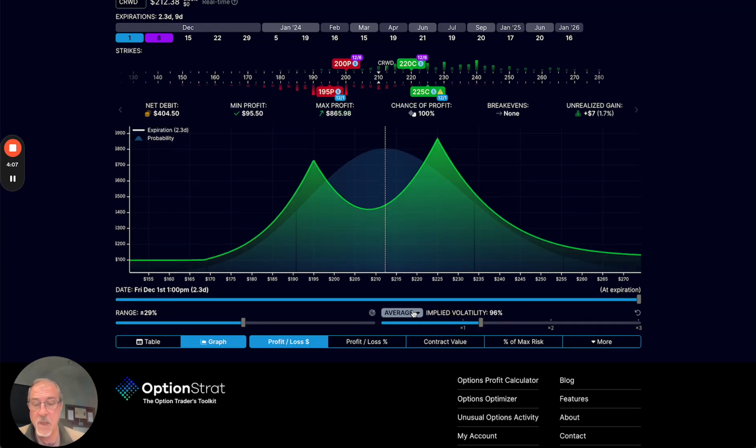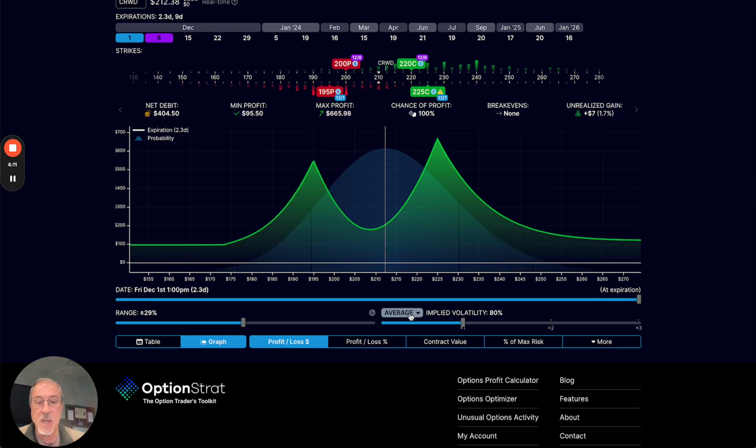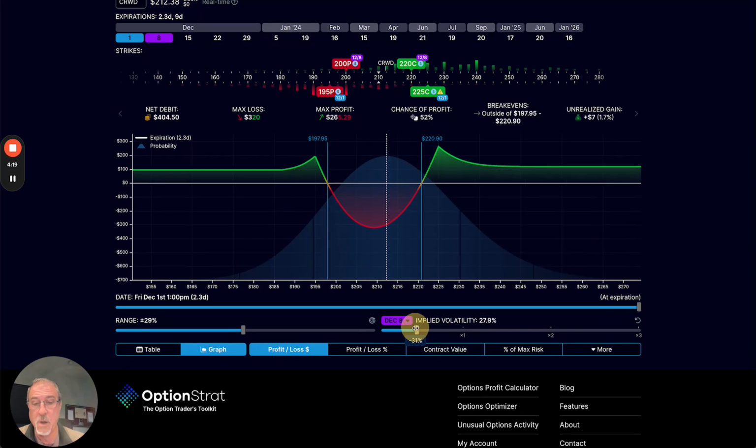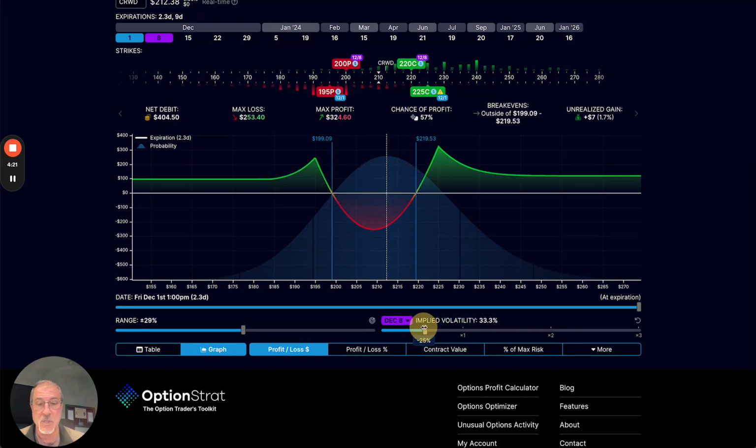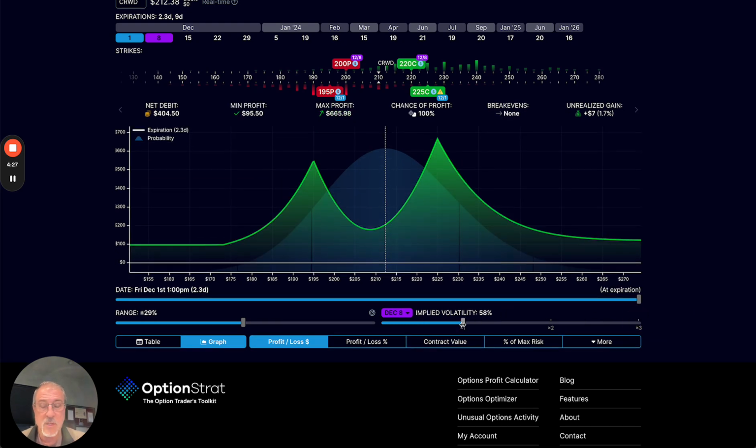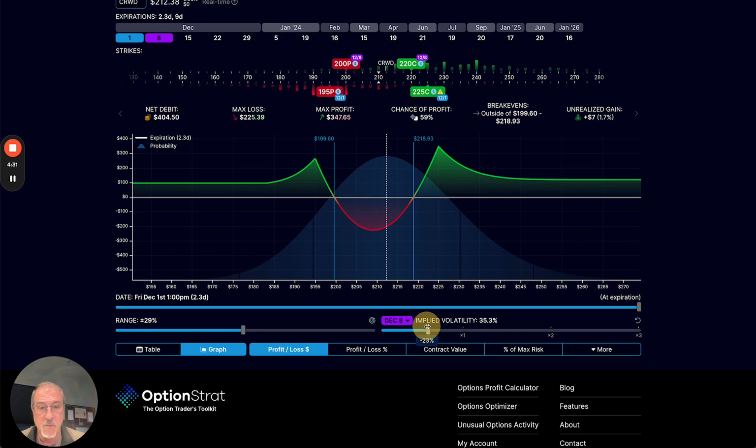Okay, but another thing that's really, really cool, let me reset this, is I can come in and say, well, what if my back strikes, my long strikes, what if the money drops out of those more than it drops out of the front? So what if the volatility in the backs was, let's see, about 58. What if that drops down to 25 or so?